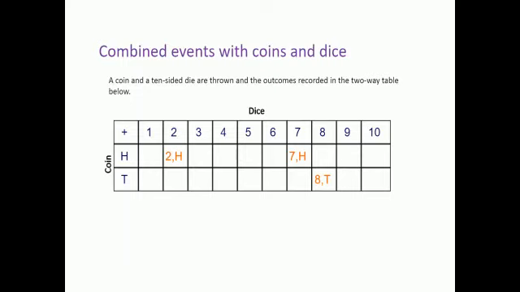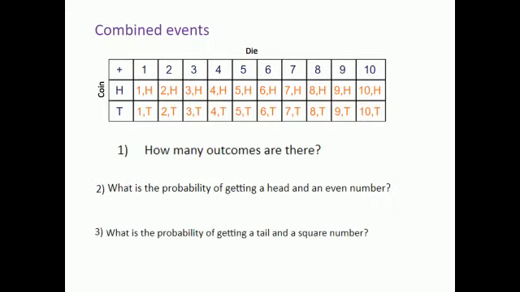First column only for head, second one only for tail. So complete that one. So you will get the answer 1H, 2H, 3H, like that. Is it clear for you?